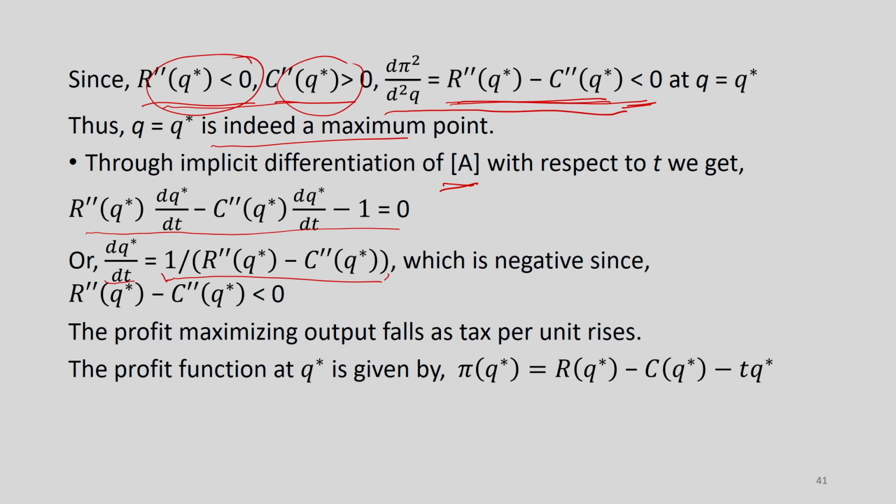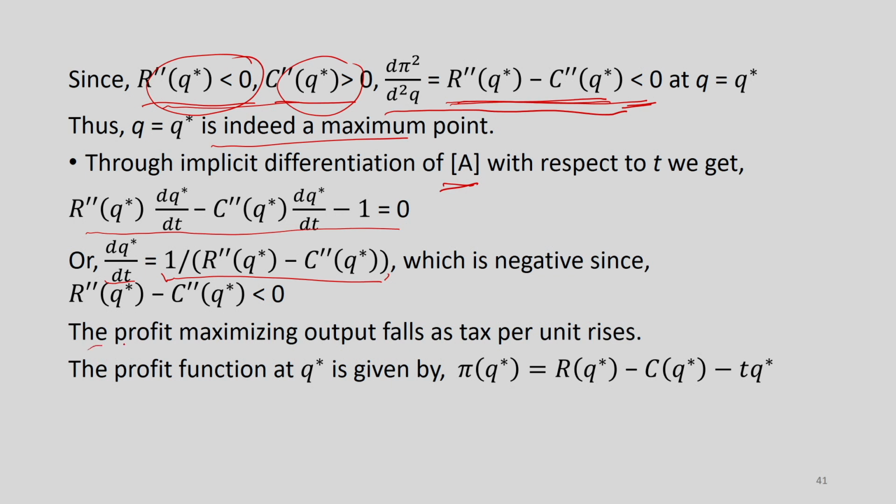And incidentally, we have also been able to figure out that this is going to be negative, and the implication is that as the tax rate rises, the firms will be constrained to produce less equilibrium output. That means, if they are maximizing their profits, then they will be producing less output as the tax rate rises, which seems intuitive.